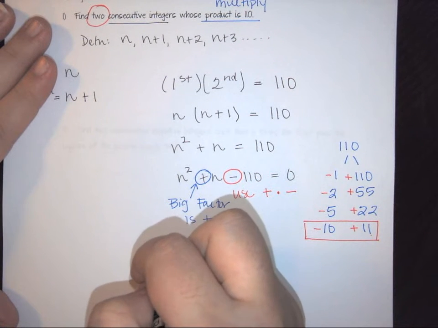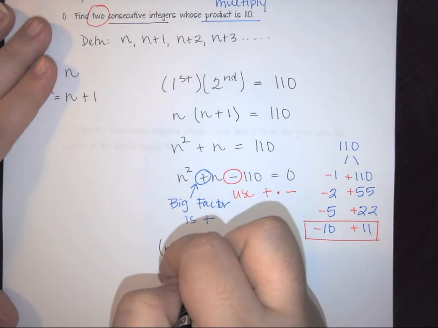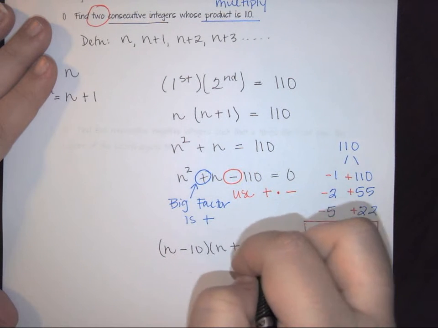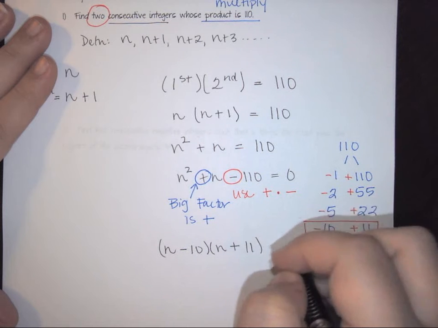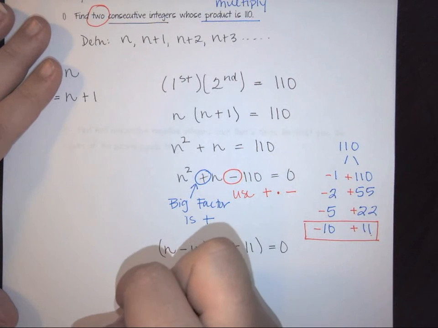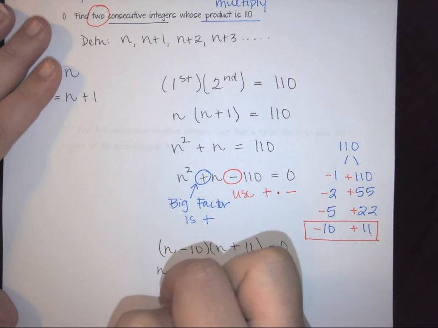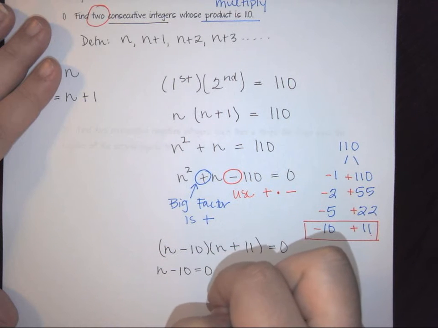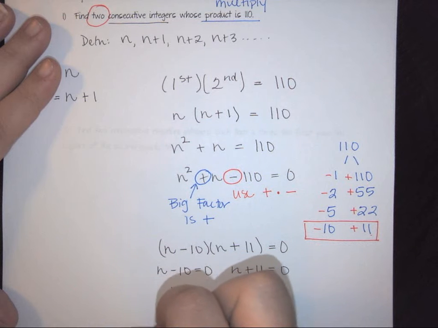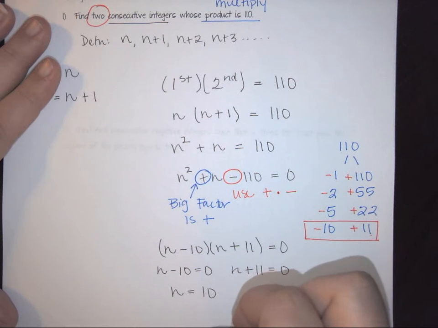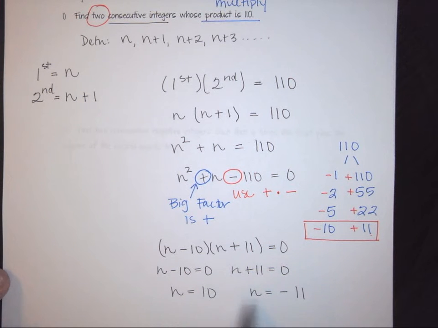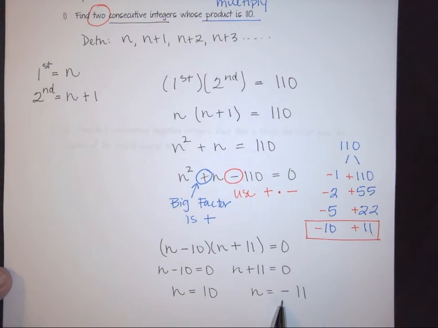So here I'm going to have n minus 10 times n plus 11. And this equals 0. Solve each of them. So I have n minus 10 equals 0 and n plus 11 equals 0. So I have that n equals 10 and n equals negative 11. So I have two options here.